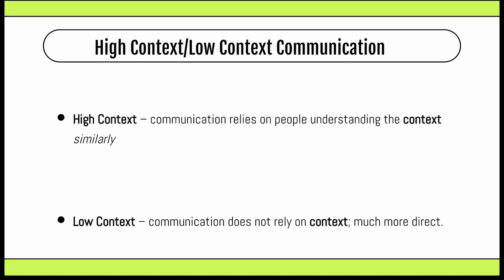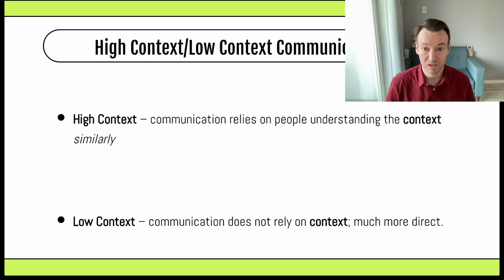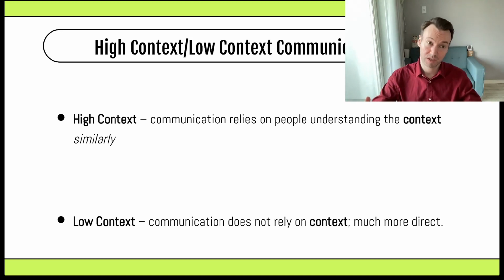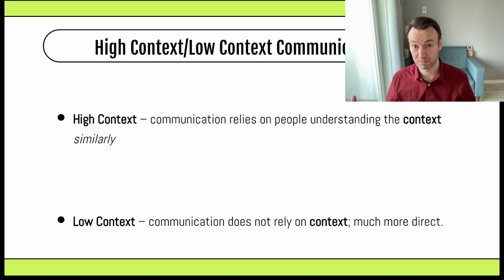High context communication relies on people understanding the context similarly. Low context communication does not rely on context, and therefore you need to be much more direct with your language.